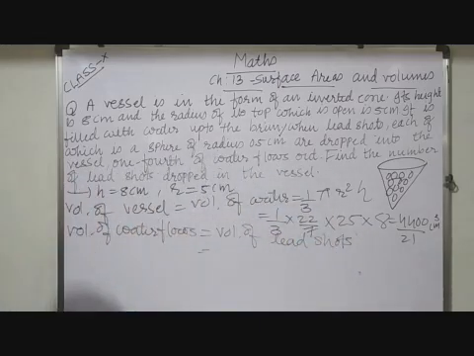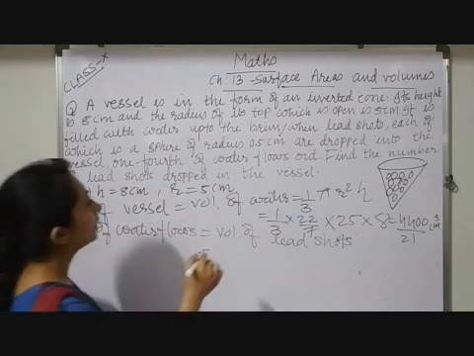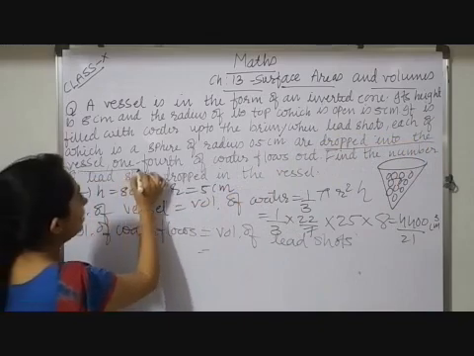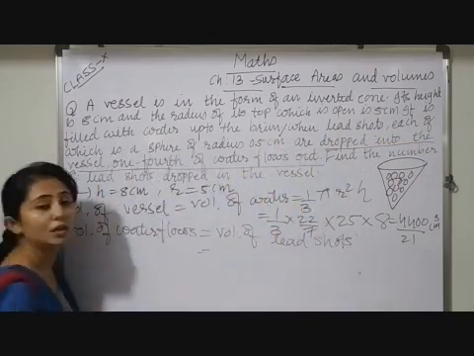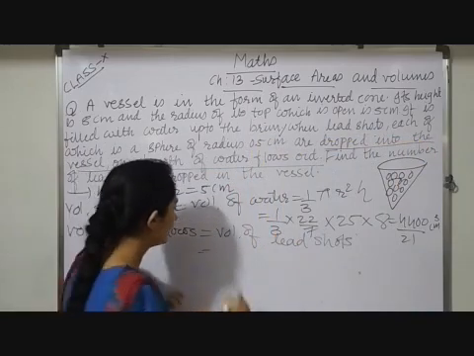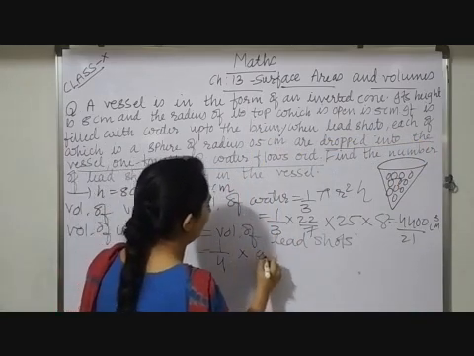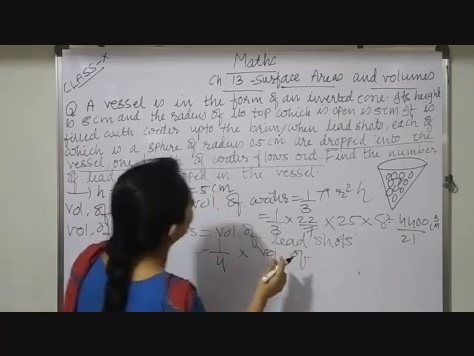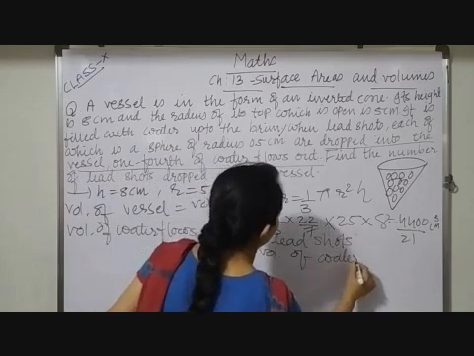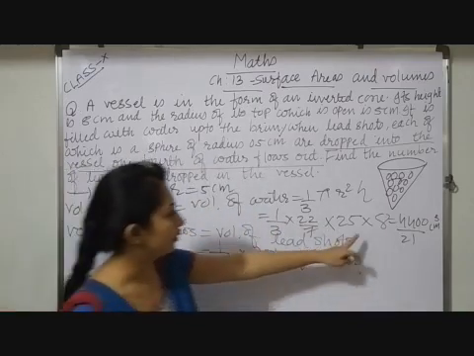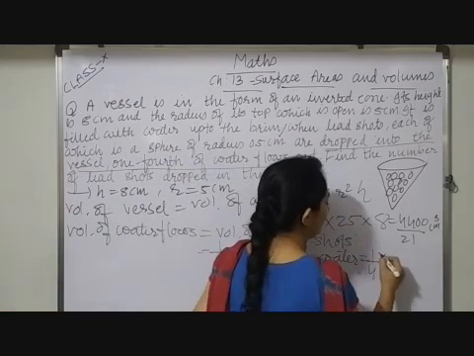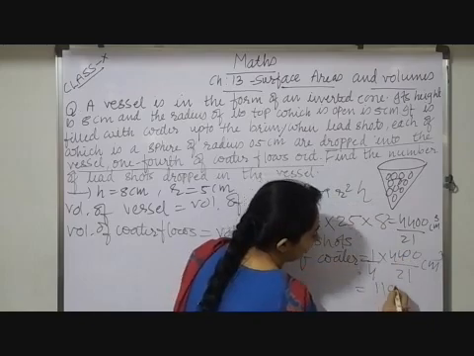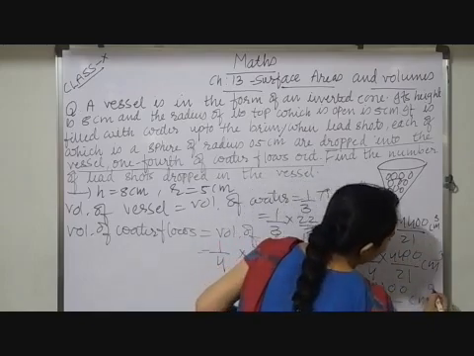And one more condition is given in the question: while we drop the lead shots into the vessel, 1/4 of the water flows out. So the volume of lead shots is equal to 1/4 of the volume of water, and the volume of water I have calculated. So 1 by 4 into 4400 upon 21 centimeter cube will be 1100 upon 21 centimeter cube.